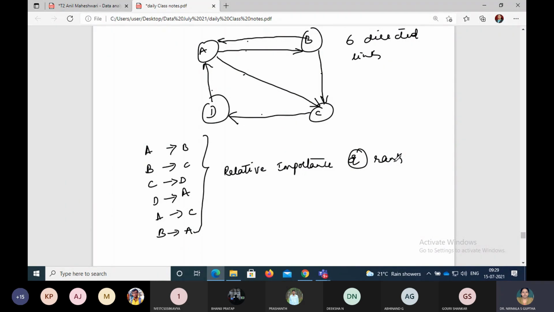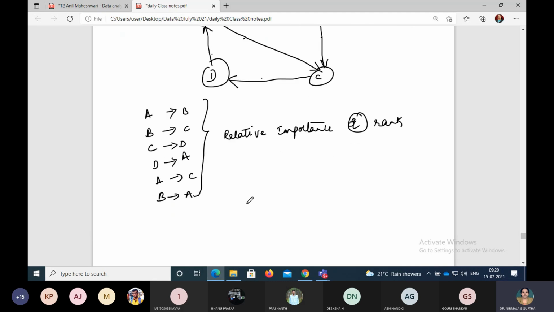We are trying to identify that. This will help us identify the most important node, or it may be more than one node as an important node in the network. So let us begin understanding and computing this for the given example scenario.